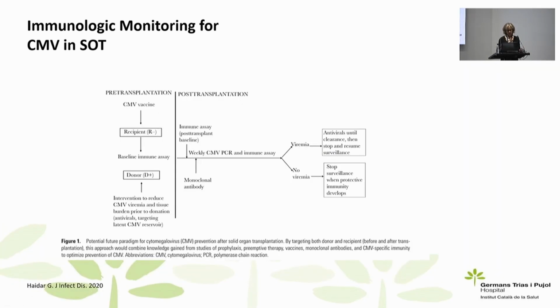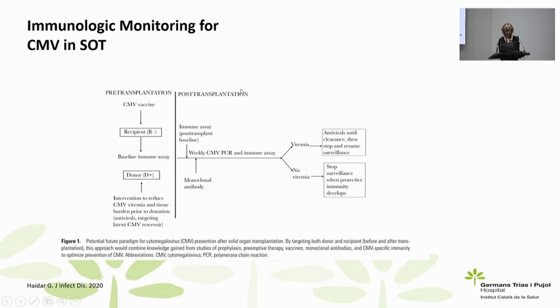And just some words for the future. That's a work of Haidar, and they suggest for the future, when a vaccine will be available, to convert the patients who are negative into positive, because this is the most important thing that protects the individual from a disease.